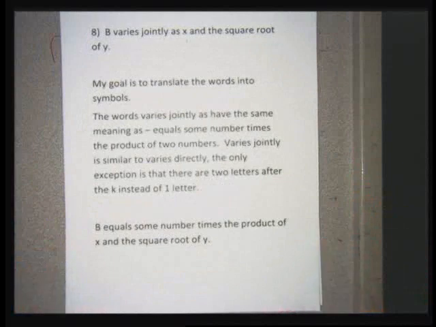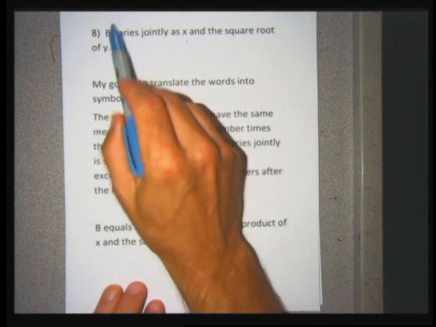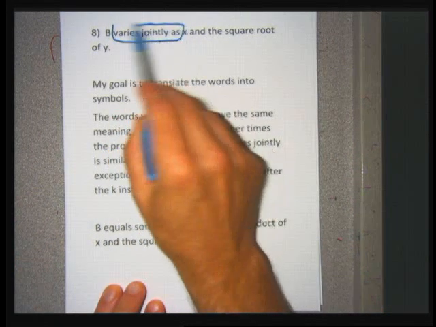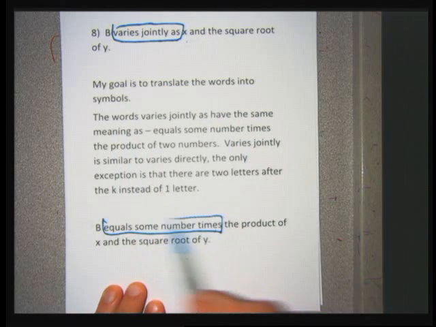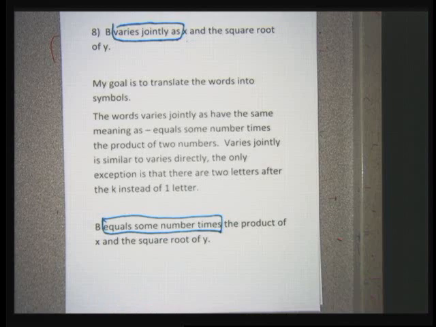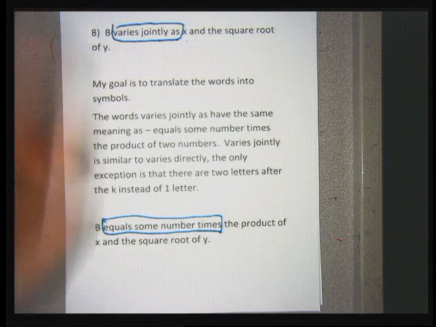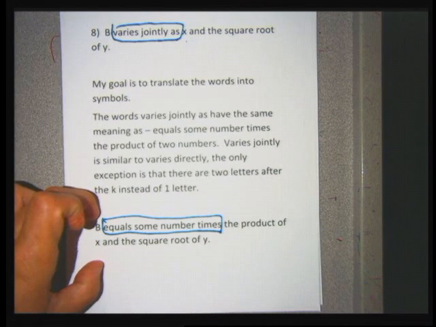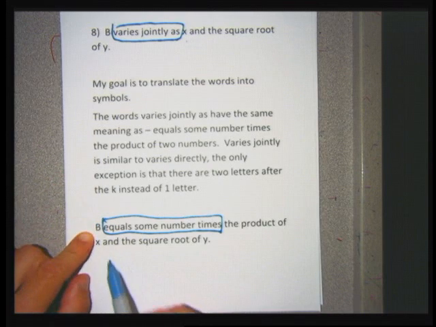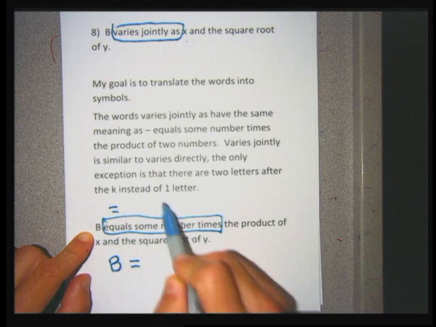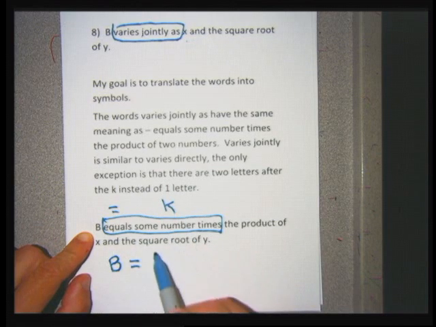When I do problem 8, same deal. When I see the words varies jointly, I know I need equal some number times, and it's a multiplication problem, but after my k there are going to be two letters as opposed to one. So I took the initial problem and wrote it as something I understood better to make an equation. The first letter in the problem is b. The word equals, I'm going to make an equal sign. The some number, I'm going to write as a k.